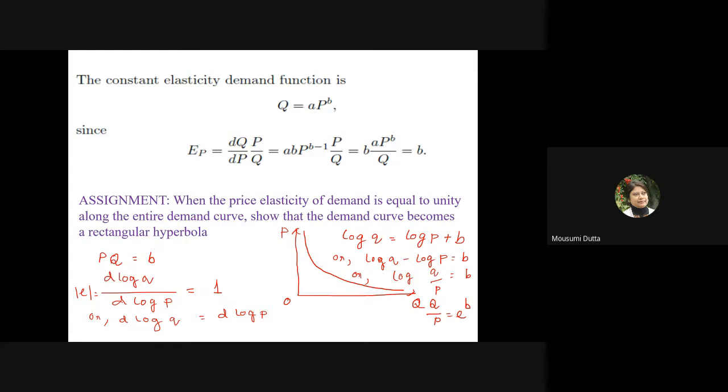You have to get the equation of the rectangular hyperbola. Whenever the price elasticity of demand is equal to 1 along the demand curve, the line will be a rectangular hyperbola. You are very close to the idea, however, still we didn't get it. So think about this.